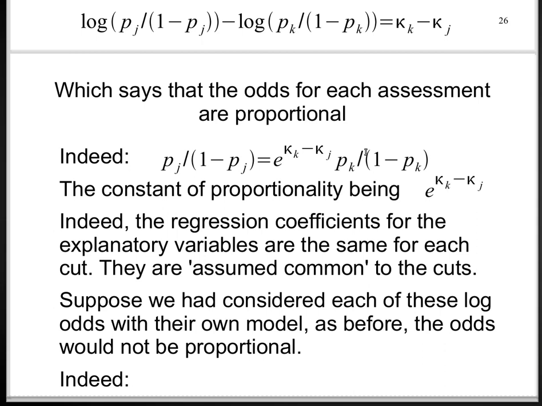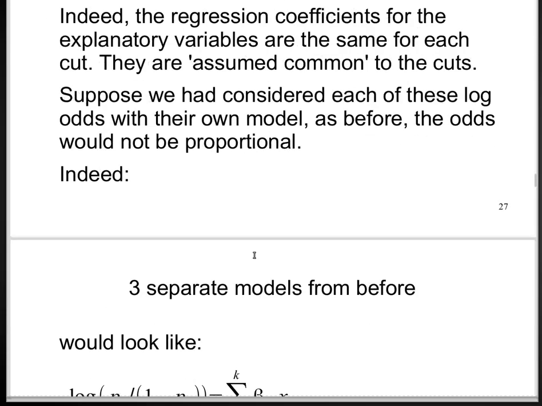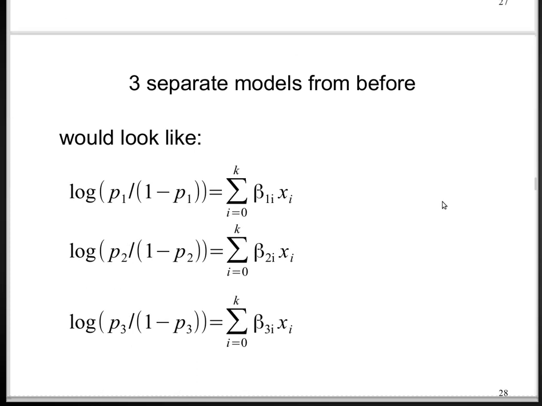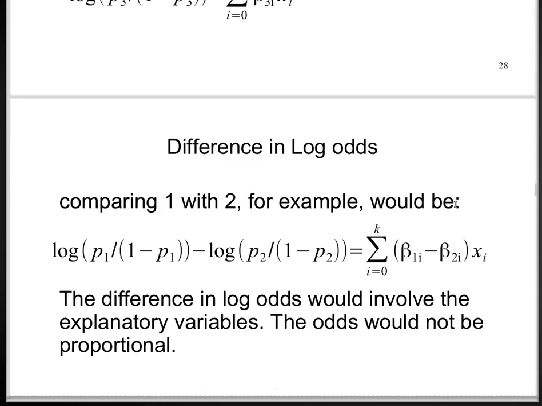What are the implications? Well, if we go back to the models we had initially, these three cut-specific regression analyses, these were the ones we did. One for the first cut, second cut, and third cut, with potentially different regression coefficients. We see that if we look at the difference between any two analyses, so for example, the first cut compared with the second, the difference in the log odds involves the explanatory variables.